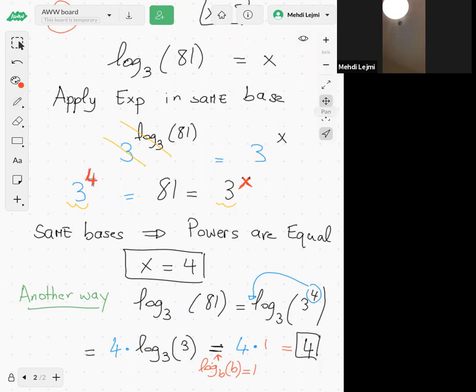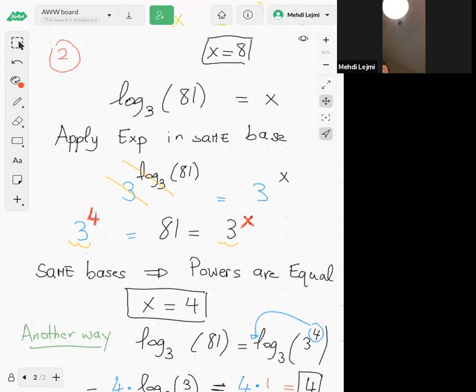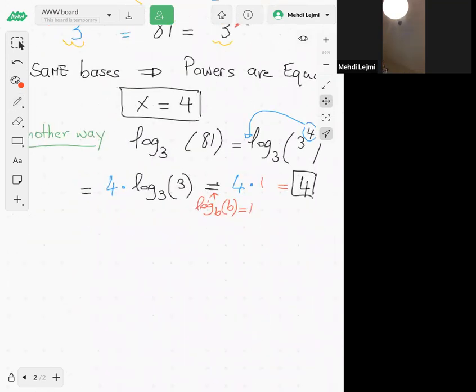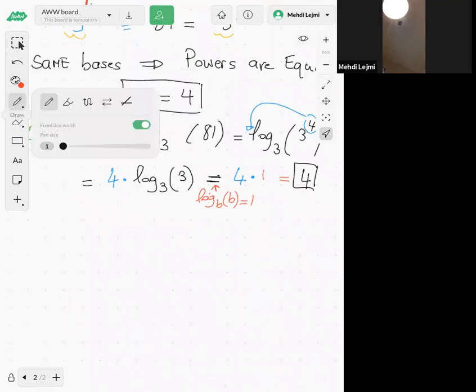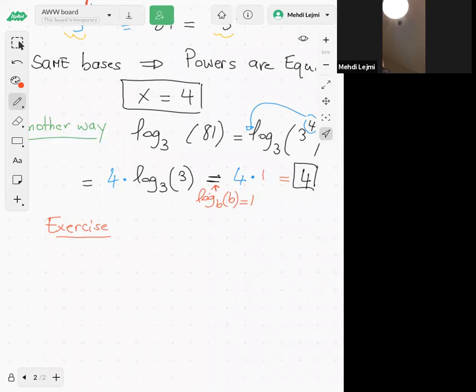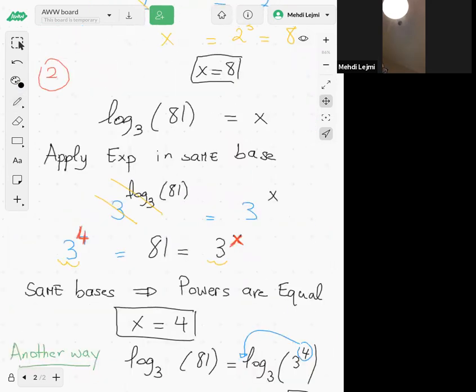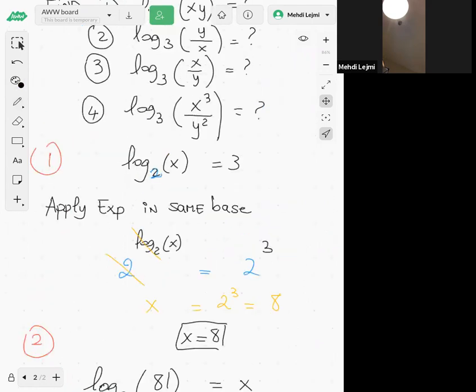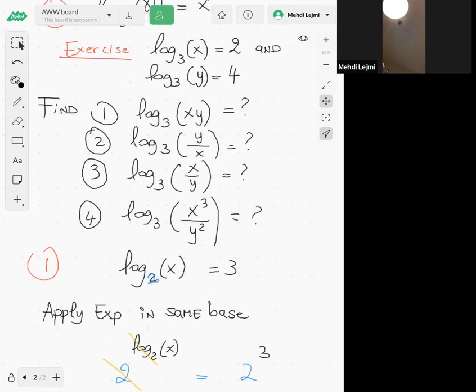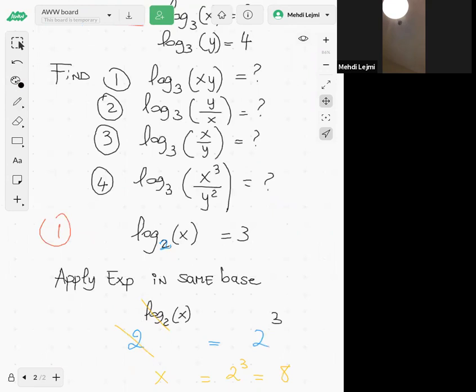In the last 6 minutes, let's go over exercise number 2. So we have log in base 3 of x equal to 2, and log in base 3 of y is 4.